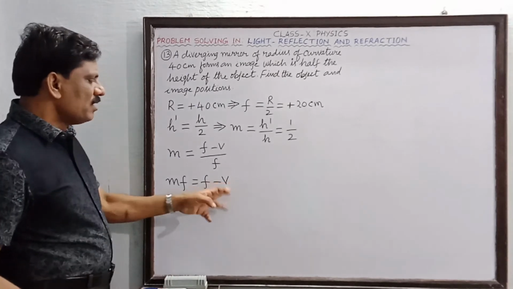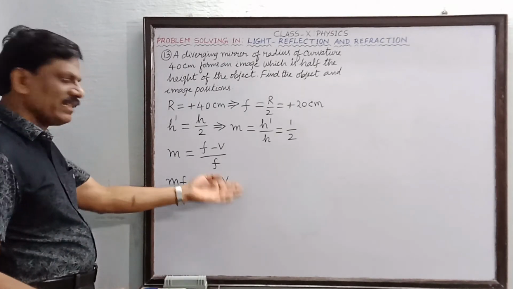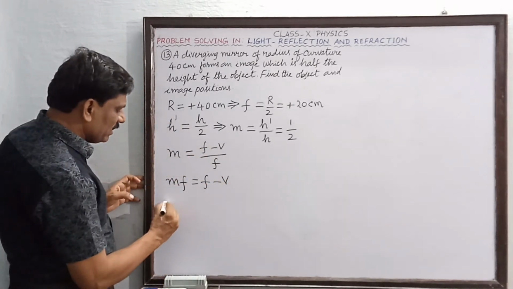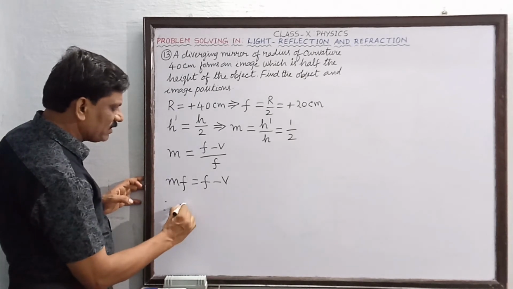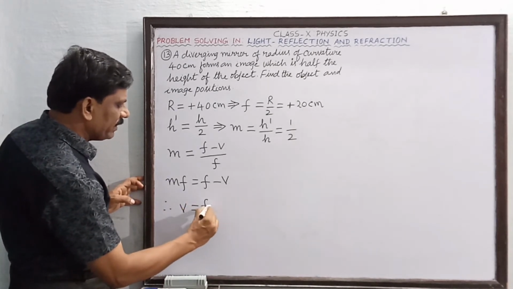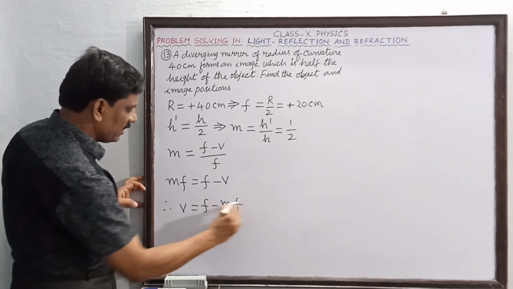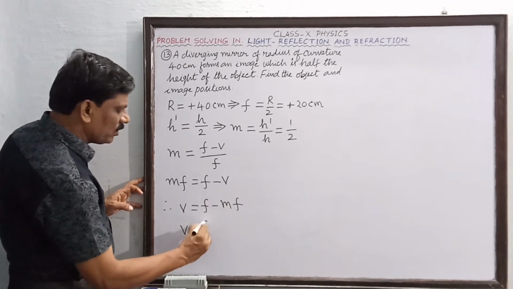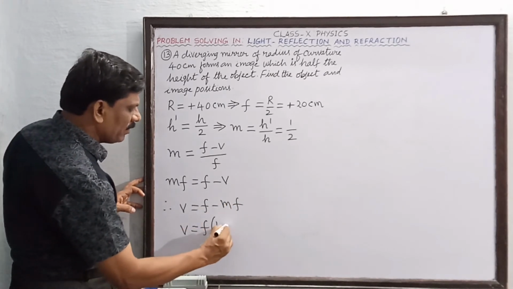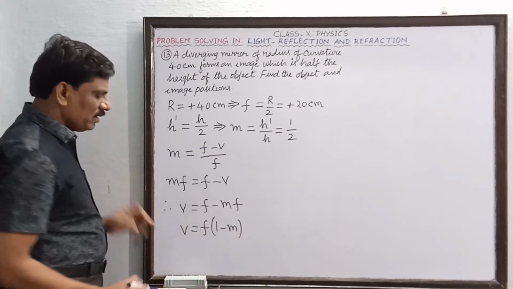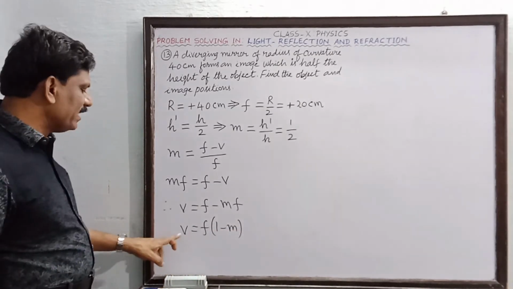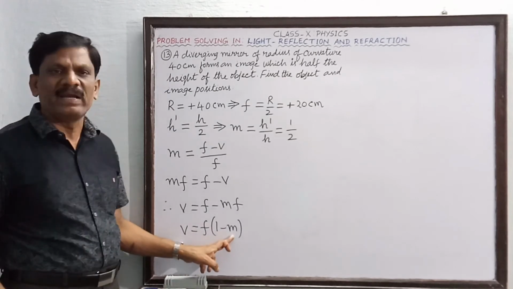I want to find out the image distance. So I will take this minus v to the left hand side. Therefore it will become plus v. So v is equal to f minus mf, or v is equal to f into 1 minus m. So this is the formula relating the image distance, focal length and the magnification.